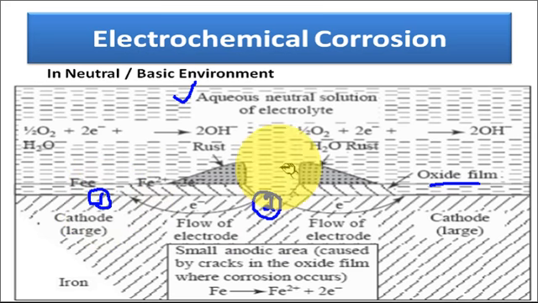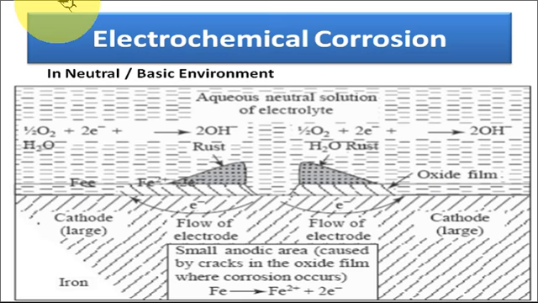So the uncovered part, where the pores are present, is the small part and this is the anodic part because it is in direct contact with the environment. Otherwise the remaining part is the cathodic part. So chemical non-uniformity creates the anodic part and the cathodic part here.